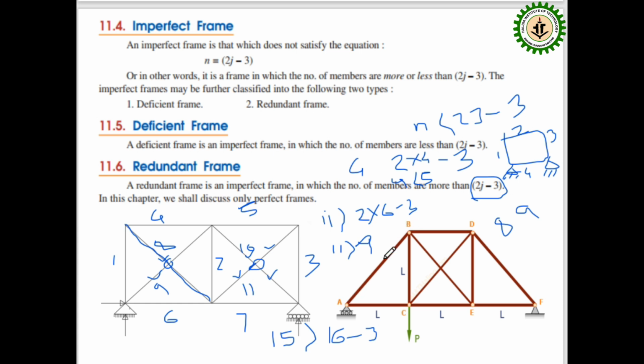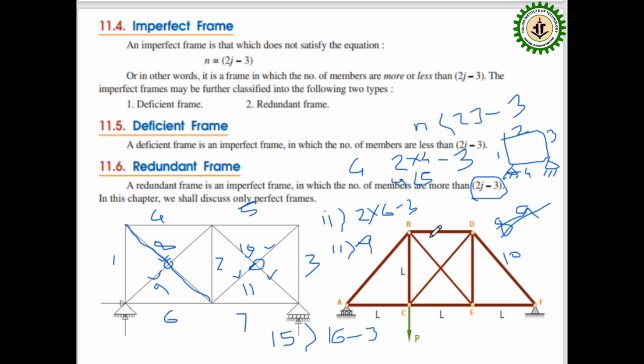One mistake was there. The total number of members here is 10.